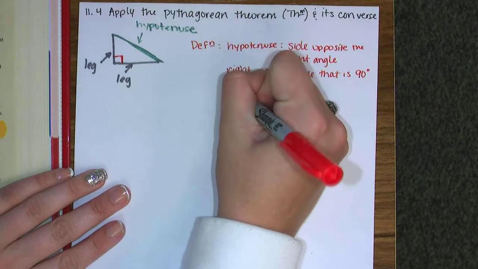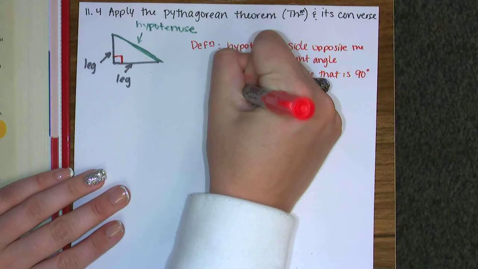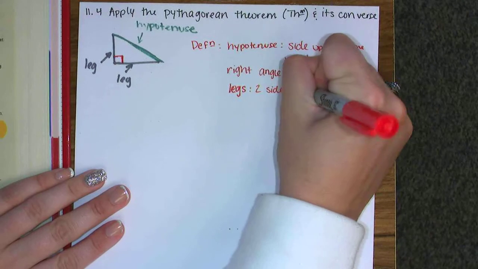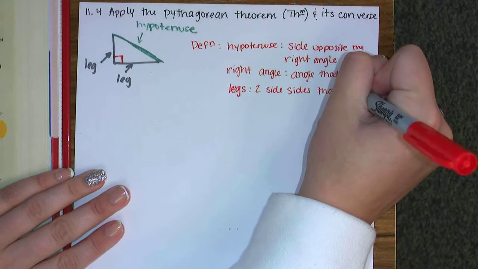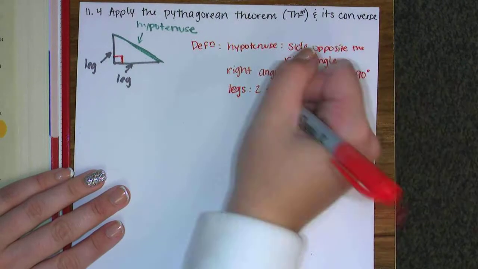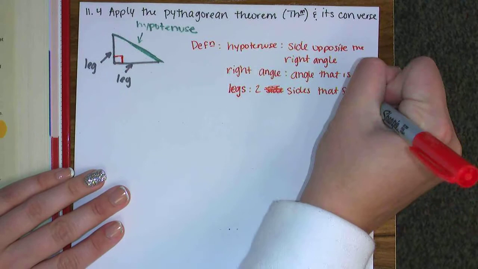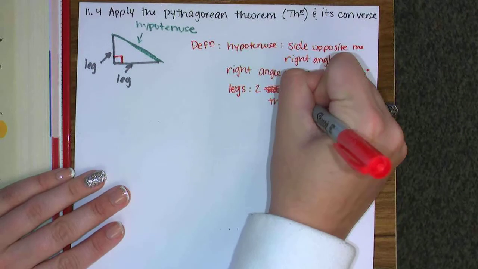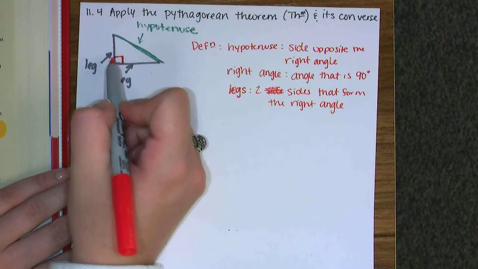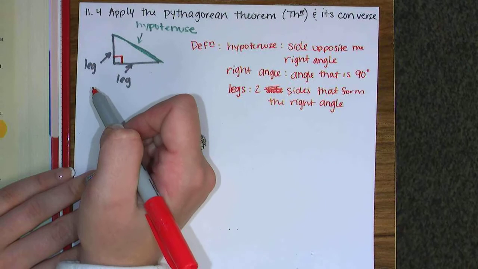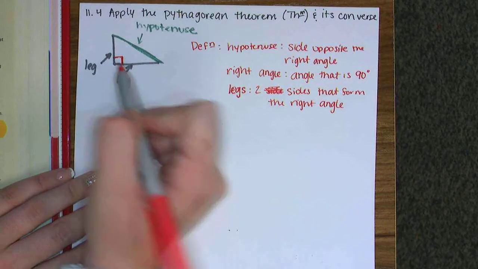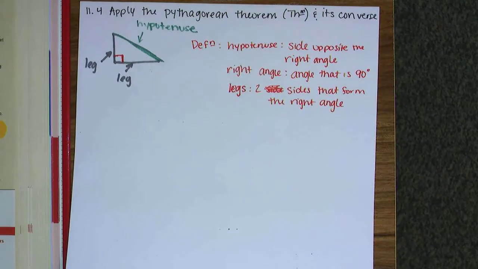And then the legs are the two sides that form the right angle. So boom, boom, right angle. So like think about like the corner of your room, that's a right angle, 90 degrees. So that's how I represent that there.